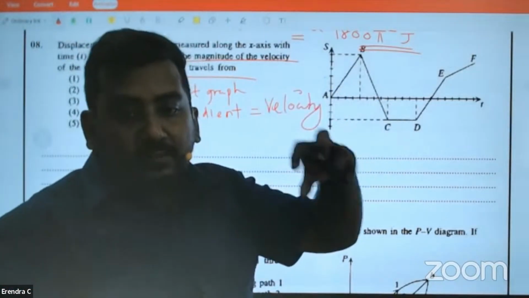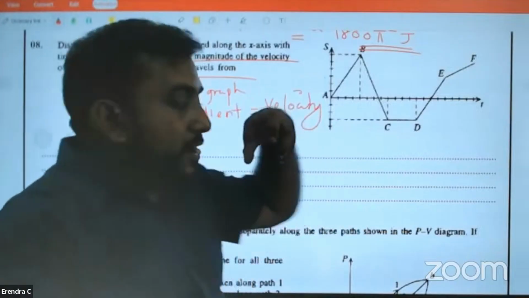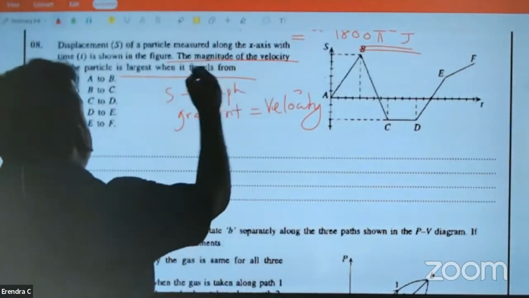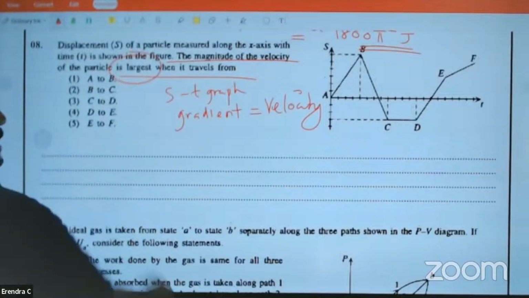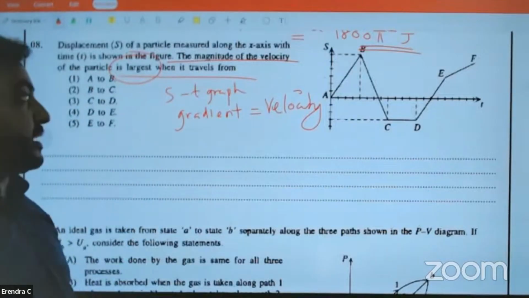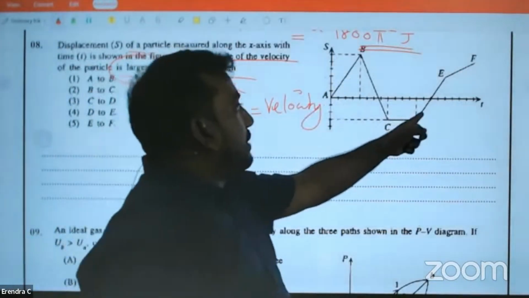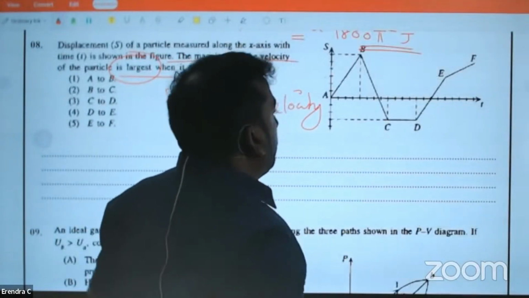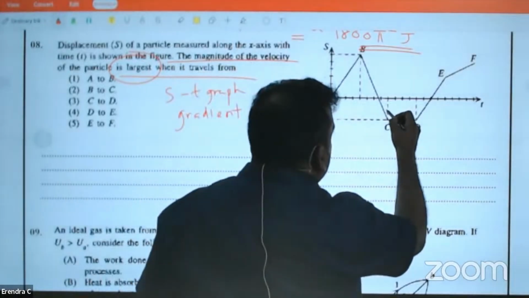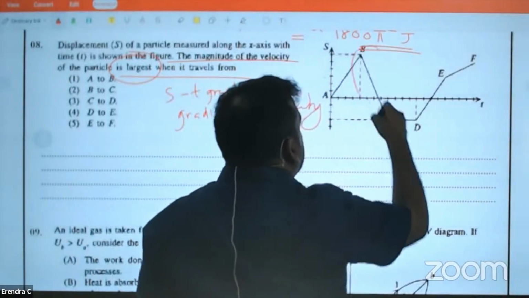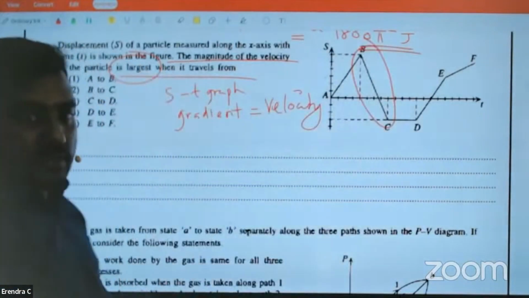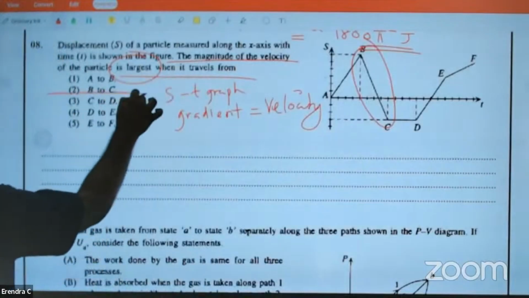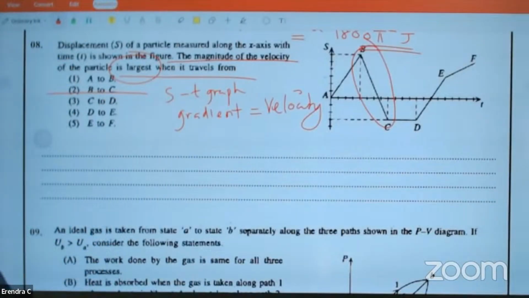What is the question? The question is, which has the largest magnitude? Largest magnitude means largest gradient. Please look at this and tell me which has the largest gradient, largest slope. Looking at this, I can say this slope is bigger. BC, no? So B to C has the largest slope. Okay. Very easily you can get B to C.